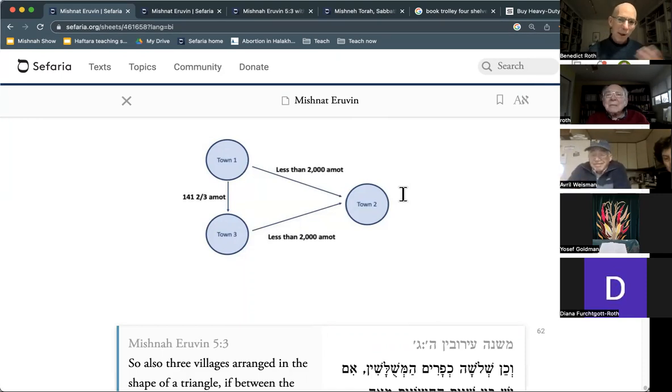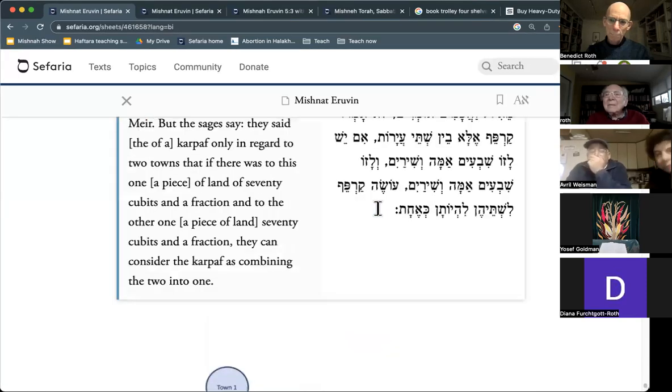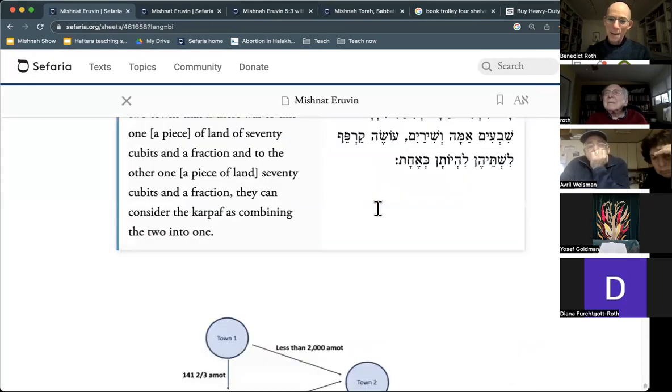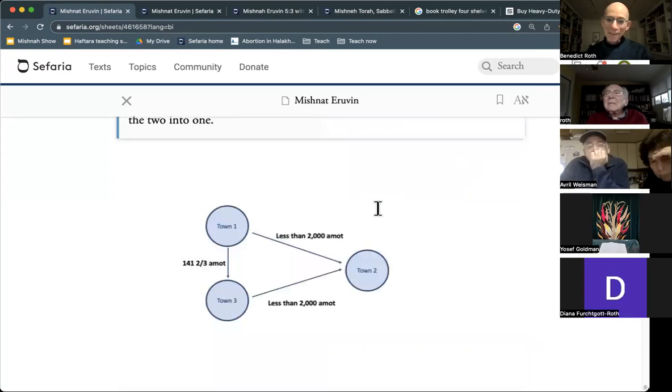And we might think, looking at this, that this doesn't seem to match very well with the 70 amot limit that we've had when we've been looking at this sort of picture here. So I have to say I remain slightly puzzled by these pictures, and maybe it's worth reflecting on them and thinking on them overnight. But we can talk more when we look at the next 3 Mishnayot.